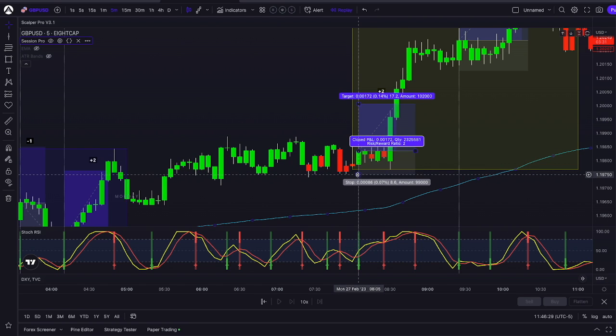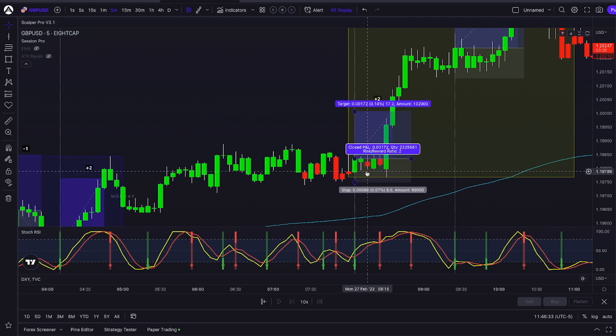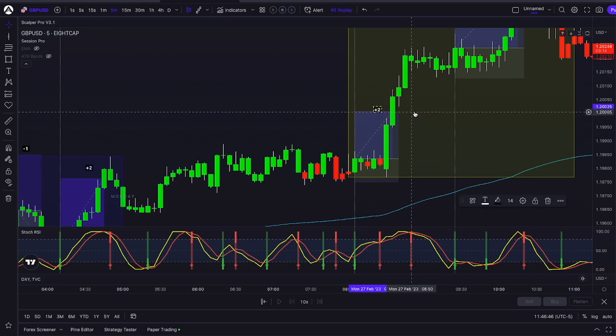I placed my stop loss at the most recent swing low, which was right here, for roughly 9 pips stop loss. And we hit our take profit target very quickly after the news hit the market at 8:30 a.m. New York local time for another winning trade with a total net profit of 2%.